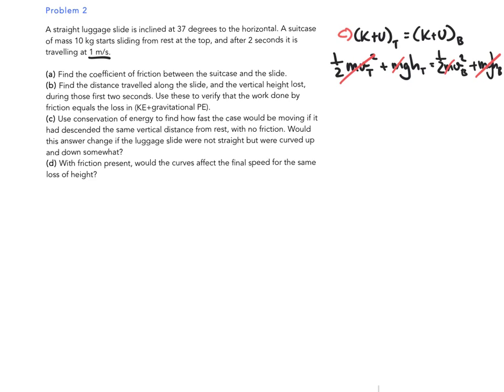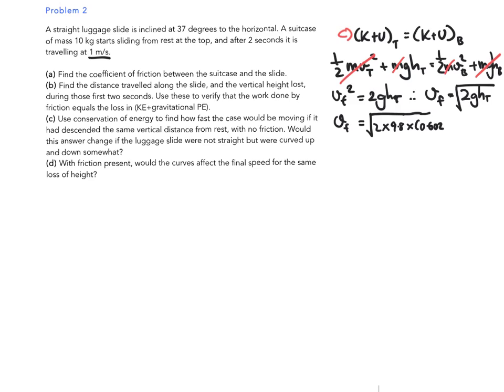So we end up with an expression that says Vf squared equals 2g h top. Therefore, Vf equals the square root of 2 g h top. So Vf then, put some values in, square root of 2 times 9.8 times the height at the top, which we calculated before to be 0.602.